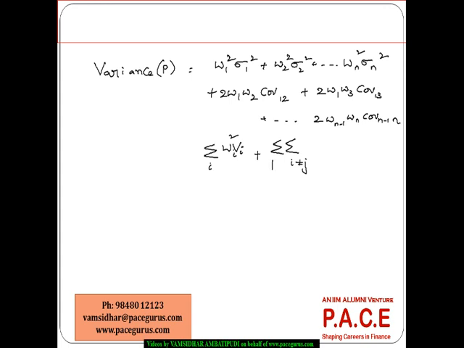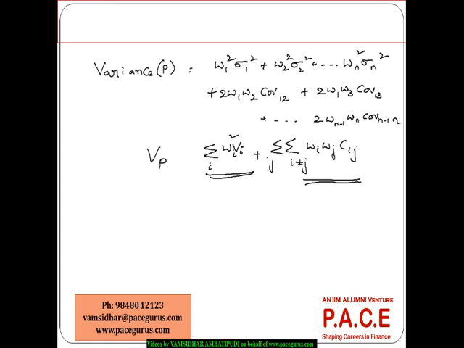So across all the j, I take wi times wj times the covariance between i and j. So it's a sum of all the weighted variances and a sum of all the weighted covariances. This is the variance of the portfolio in total.